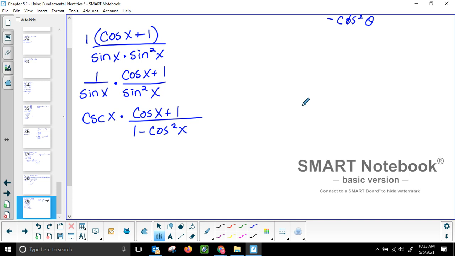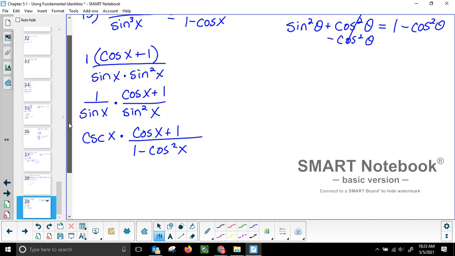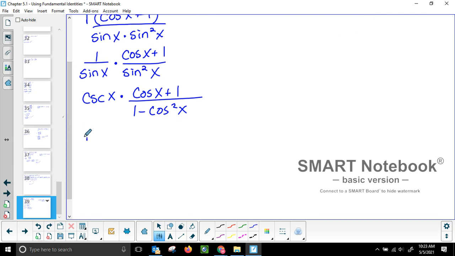So cosine squared x equals u squared and all of that. All right, of course, you can feel free to use all of that. But for showing work and not using a million steps, I'm just going to go ahead and factor it. So my numerator stays the same here. And factoring a difference of perfect squares, this is going to be 1 plus cosine x times 1 minus cosine x.